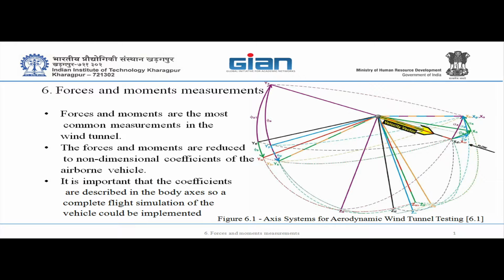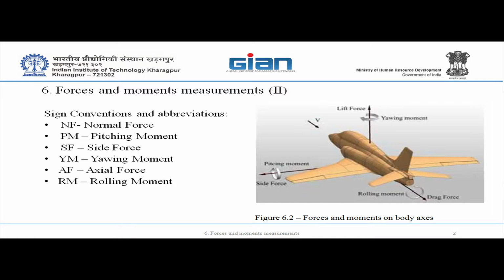Just terminology of those axes and moments and names. There's a nice figure of this aircraft and 3 axes. But what is misleading here is that the axes are not following the right-hand rule. So it's okay, you have to be really careful here.